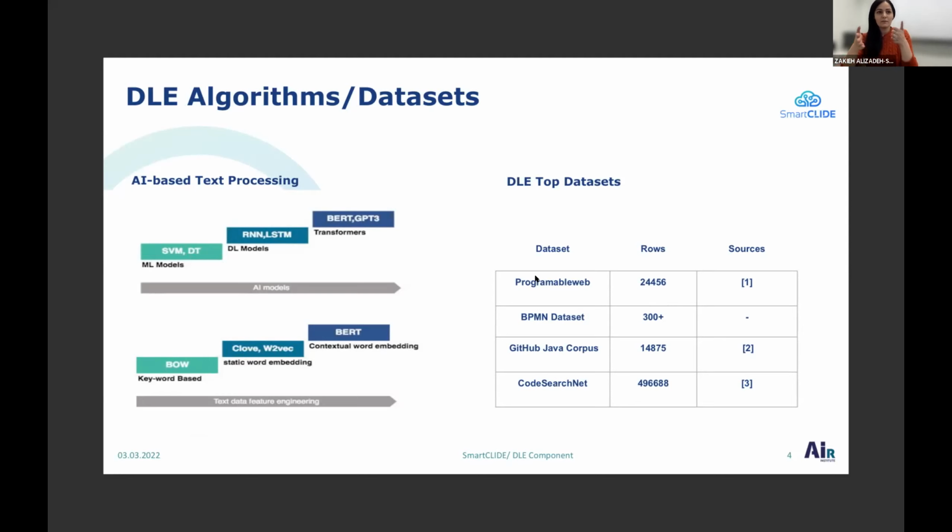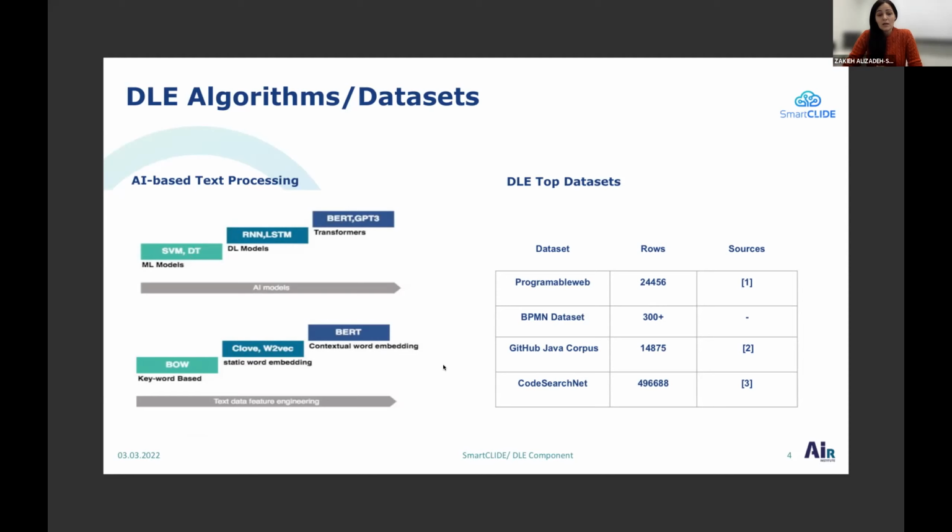This text is separated into natural language text, for example, the service descriptions that developers write, and structural text like code. So based on this, the main task in SmartCLIDE, not all, but the main task, goes to AI-based text processing.